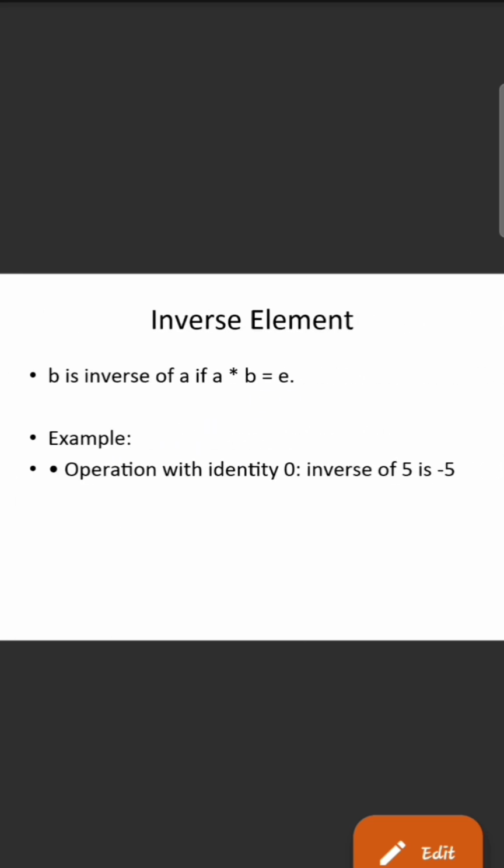So now let's move to the next slide. The next slide is the inverse. As we all know, inverse means the reciprocal. When you have 5, the inverse of 5 is 1 over 5. B is the inverse of A if A operation B is equal to the identity element.